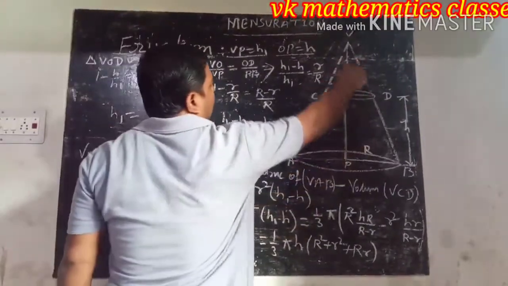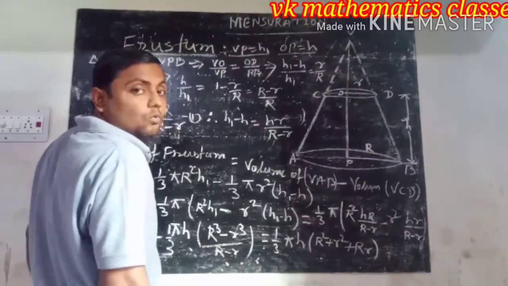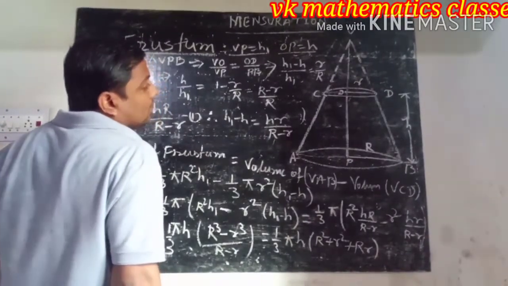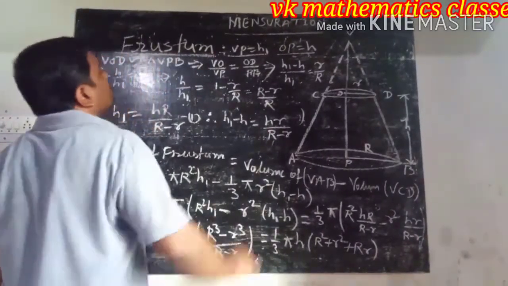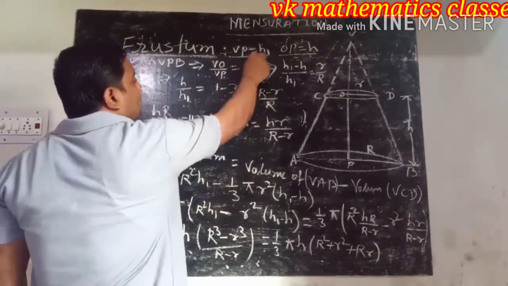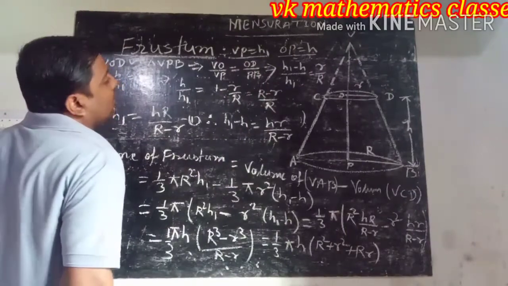These two triangles are similar, so we know the criteria of similar triangles, the sides are proportional. So VO by VP is equal to OD by PB.